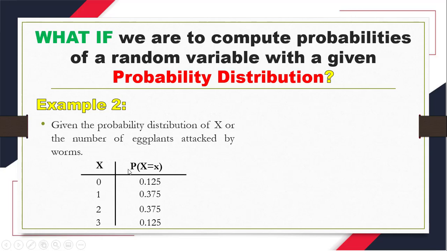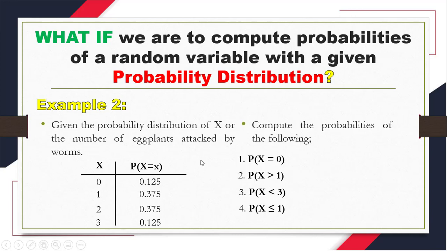The corresponding probabilities are: for X equal to 0, that is 0.125; for X equal to 1, that is 0.375; for X equal to 2, that is 0.375; and for X equal to 3, that is 0.125.